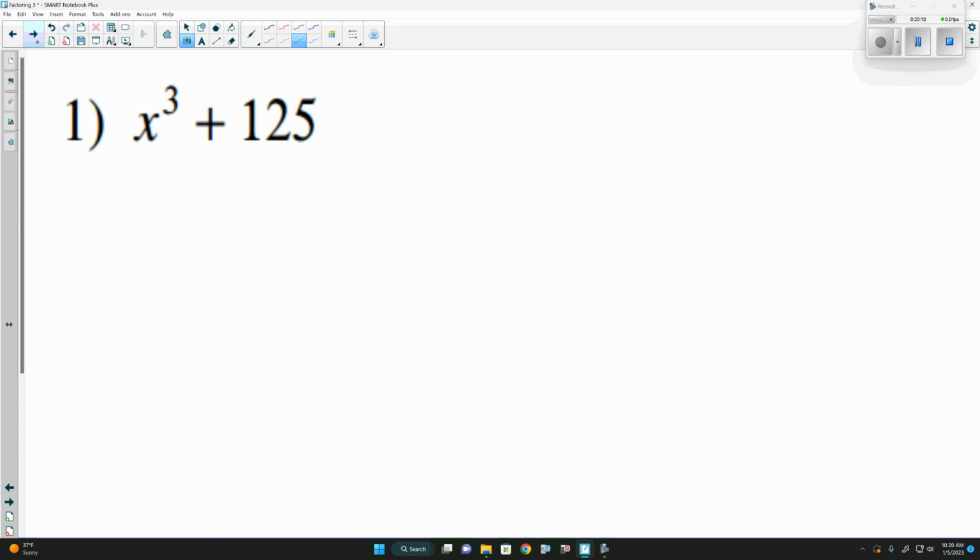So this here, once we see what the cubed root of each is, they're kind of easy to work. So if we look at this here and take the cubed root of x cubed and the cubed root of 125. Now between these two, the cubed root of x to the third is the easier one out of the two.